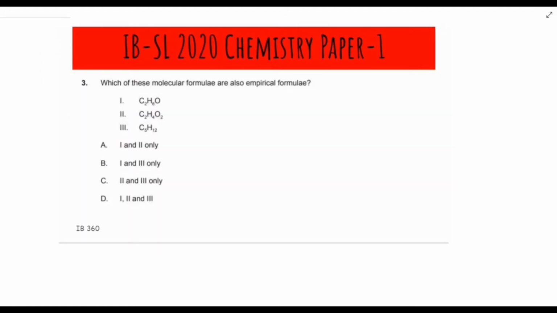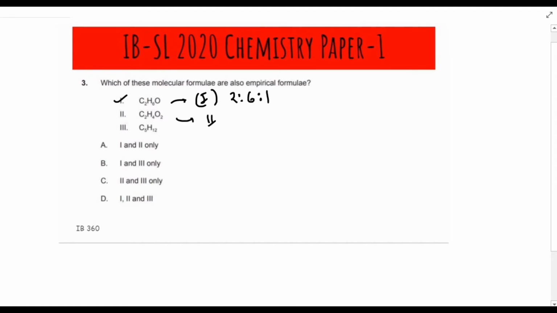Now in this third question, we need to identify which of these molecular formulas are also empirical formulas. For a molecular formula to be an empirical formula, the ratio of the atoms should be in the simplest form. That means you cannot reduce this ratio further. For the first option, the ratio is 2:6:1, and this is a simple whole number ratio, so option 1 is an empirical formula.